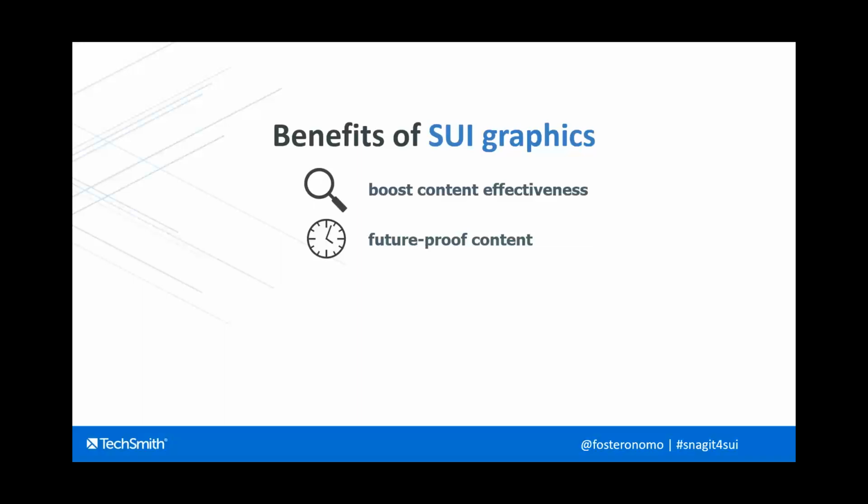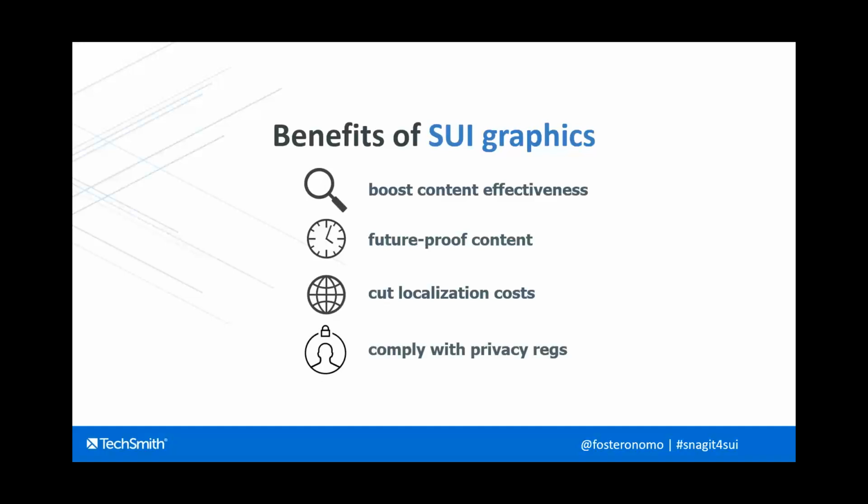You can kind of get beyond having to implement all those changes. If you use it to avoid some language in your screenshots, then you can certainly cut or at least reduce your localization costs.